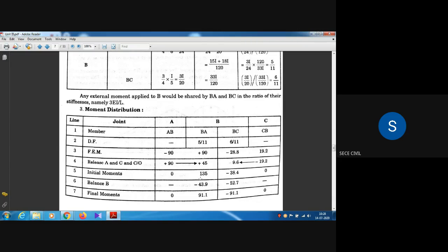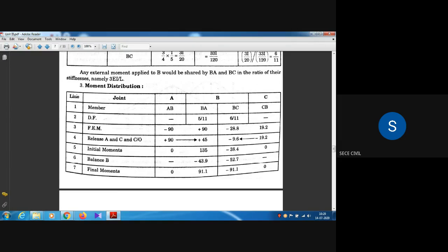I want all of you to please write down these particular steps, at least from the fifth step. Draw this particular table and note down from the fifth step. It is not given in this book. Please note down this tabular column.